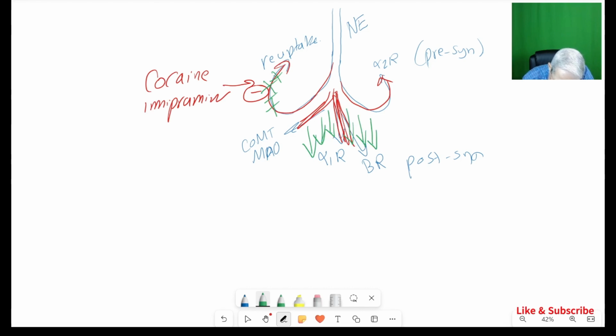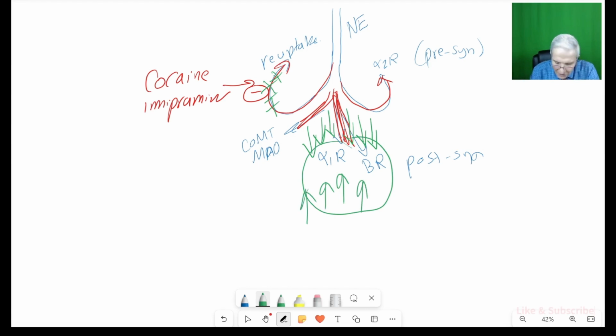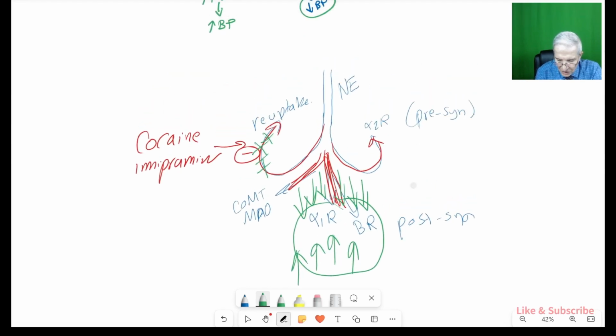So this will increase the activity of alpha and beta receptors. This will not only affect norepinephrine. In this pathway we have not only norepinephrine, you remember that we have dopamine.